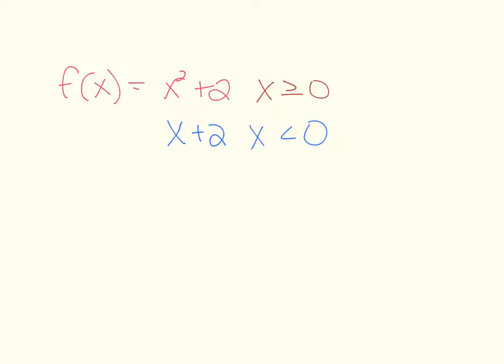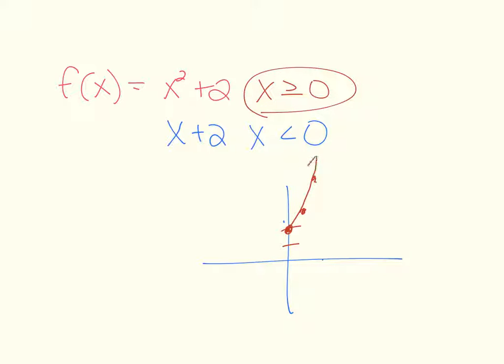So what shape does the top one typically have? Parabola. It would be shifted up 2 places. I'm not going to plug in the points, but so you can get an idea, if I had plugged in 1, I would have gotten 3. If I had plugged in 2, because I'm saying greater than or equal to 0, I would have gotten 5. So this parabola would look something like this.